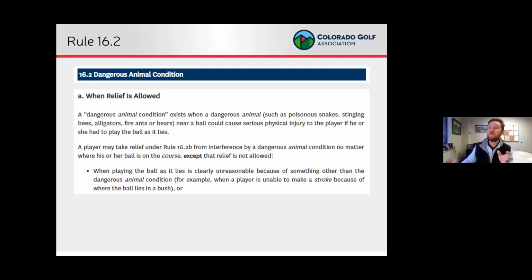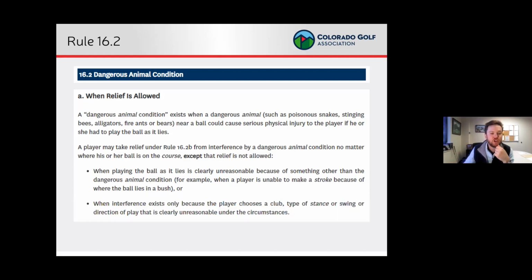Well, you couldn't play it if the beehive wasn't there anyway, so that doesn't apply. And when interference only exists because the player chooses a club, type of stance or swing or direction of play that is clearly unreasonable. So in the same way you might change your stance to be on an abnormal course condition, you can't also change your stance to be on or potentially on a dangerous animal condition. Not that you do that anyways, but here it's saying that that's not applicable in that case.